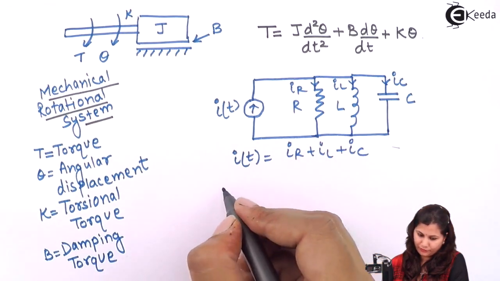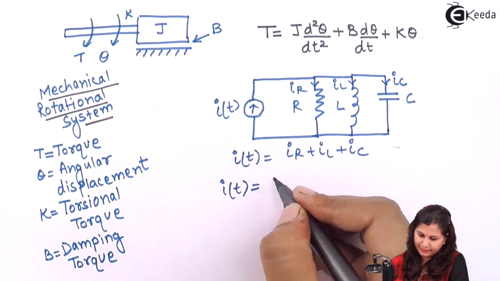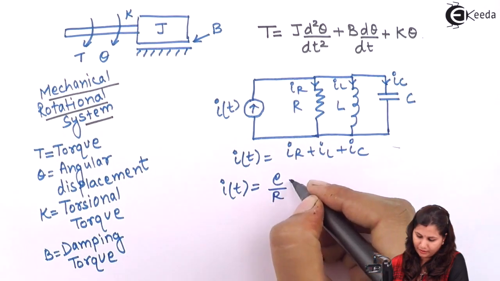So putting the values of these currents, we will get IT equals E by R plus the other terms.